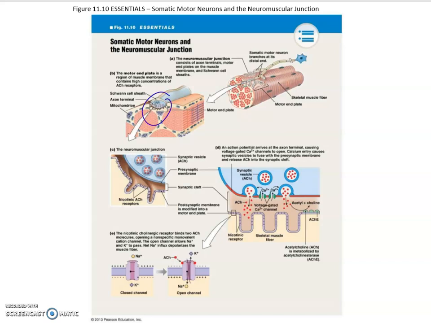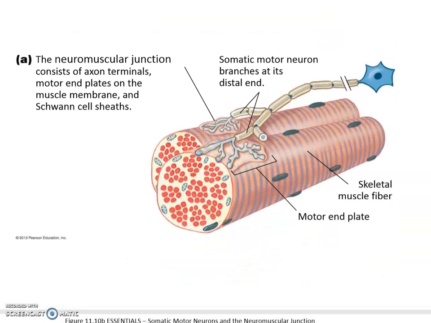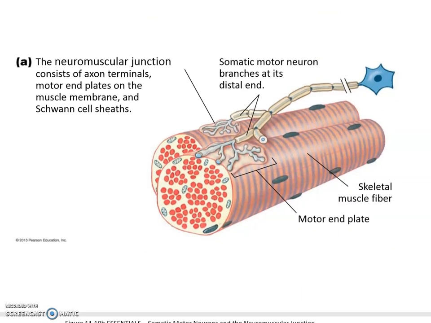We're always using acetylcholine at the neuromuscular junction, and you already did a lab on that, so you kind of know some of this information. Here will be the neuromuscular junction, so the motor neuron. It starts branching out at the end, and then it will activate a number of muscle fibers, and so that would be the motor units.